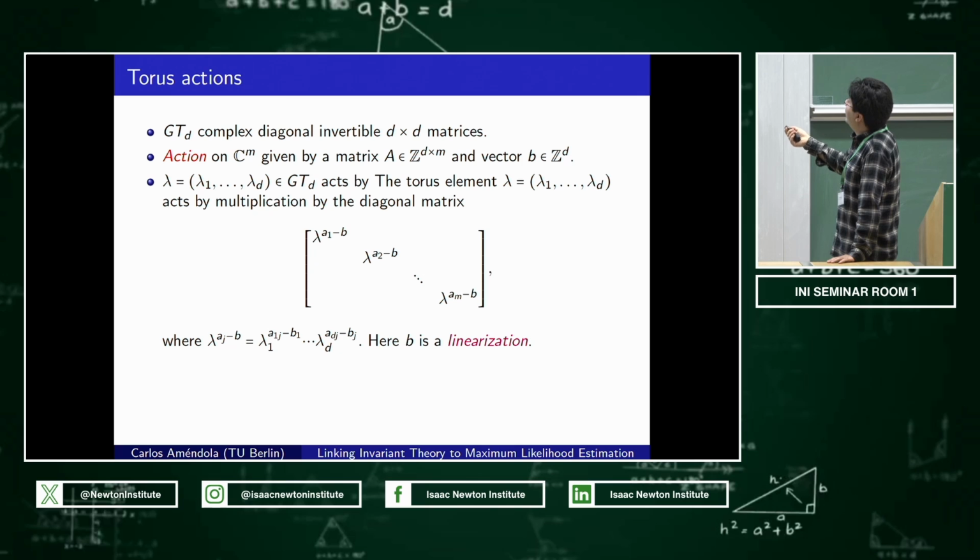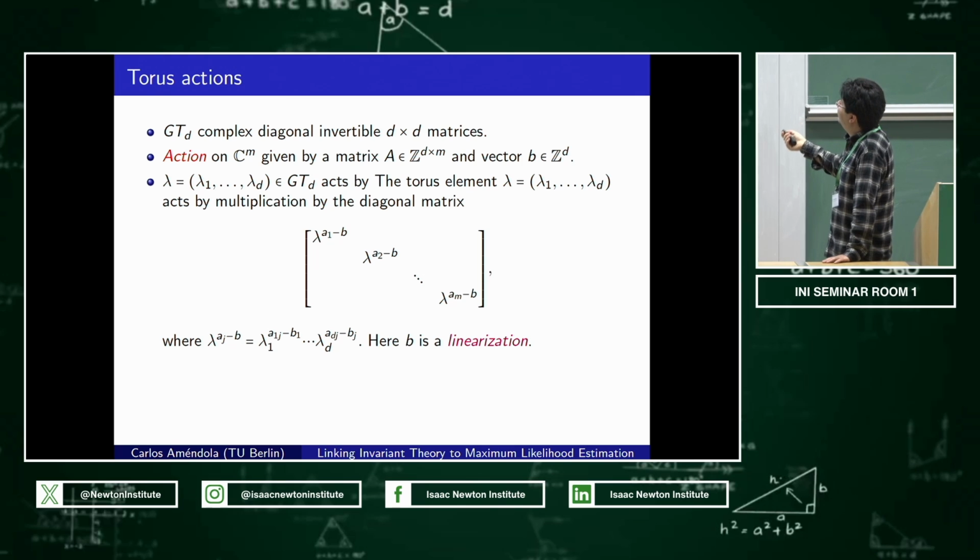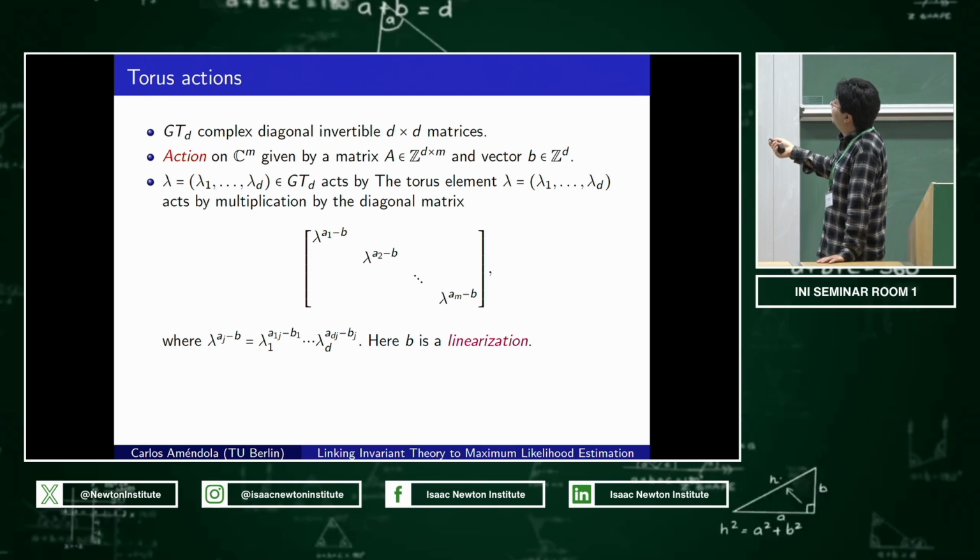And so how do we act? We have this lambda, and we just multiply by the diagonal matrix, lambda raised to each of the columns of A in each of the coordinates. This is shorthand notation for the monomial. Everything is vector raised to vector, so it's the usual notation.